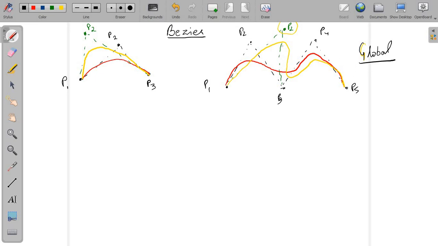Okay. Now let us see B spline curve. All right. So if we have 3 points here, likewise, previously a control points here.